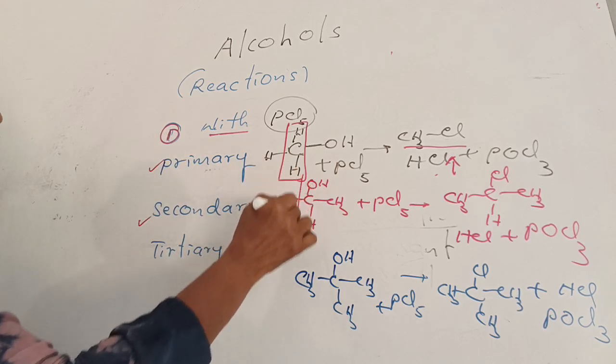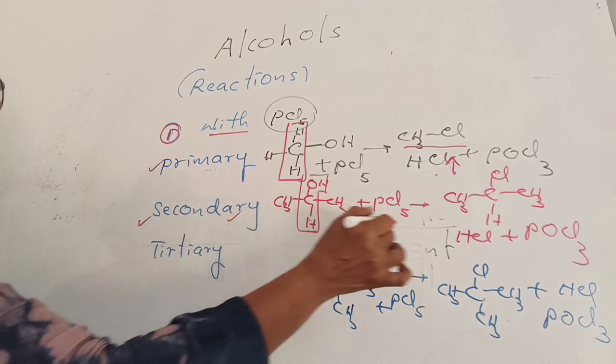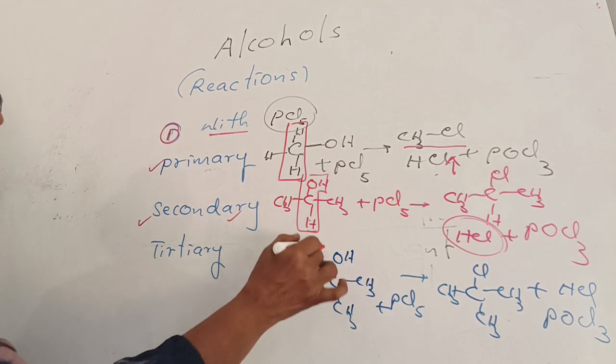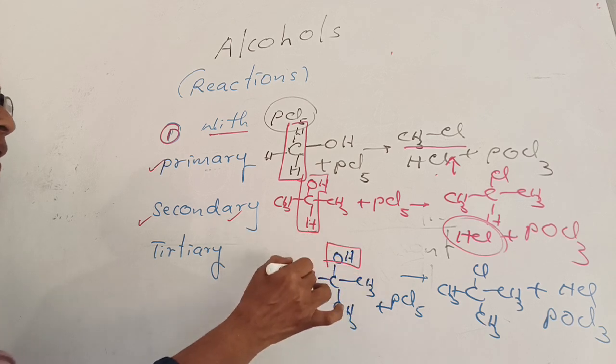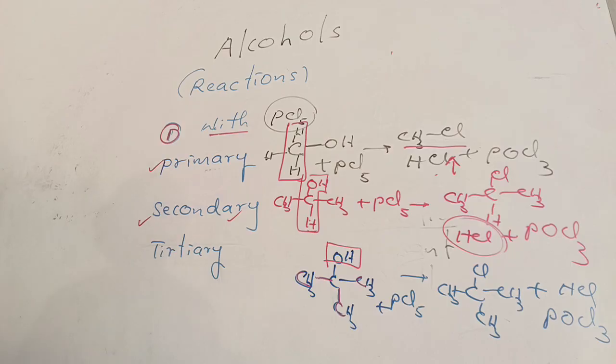For the second one, the OH-attached carbon is attached to one hydrogen, so it's a secondary, and it also generates hydrogen chloride gas. For the tertiary alcohol, the OH-attached carbon is not attached directly to any hydrogens, only carbon atoms.